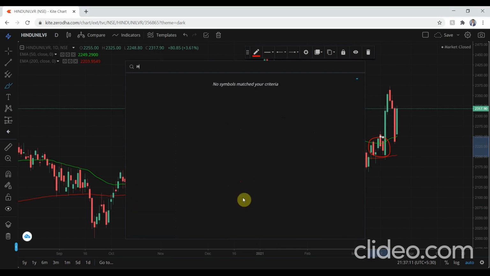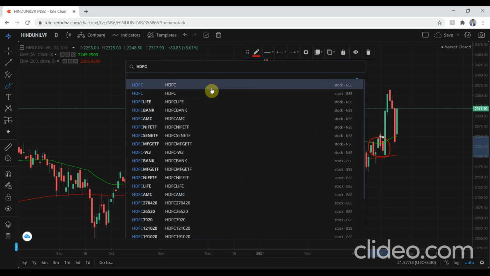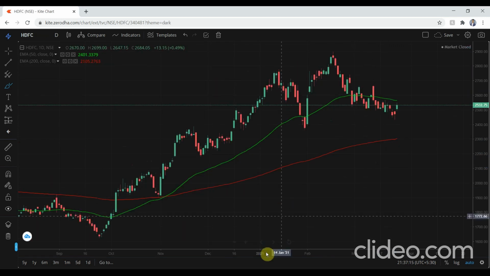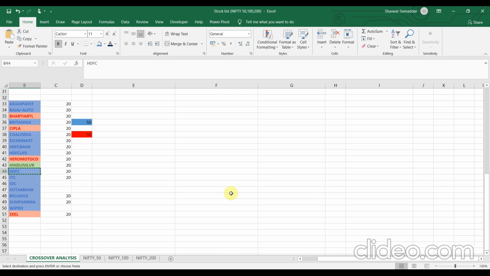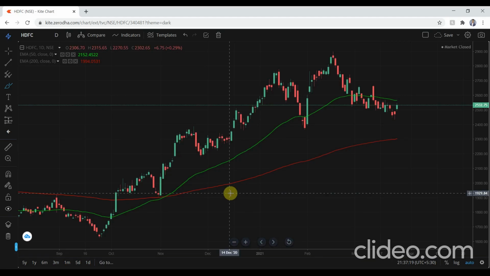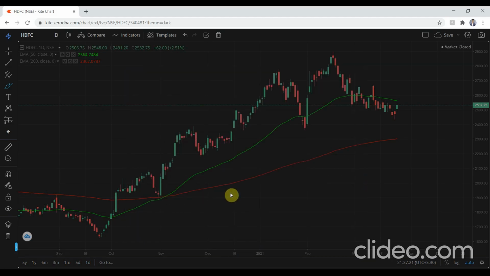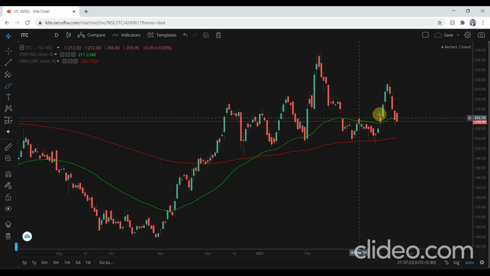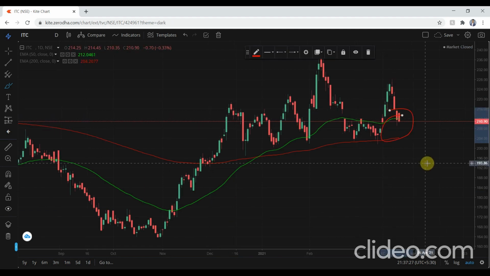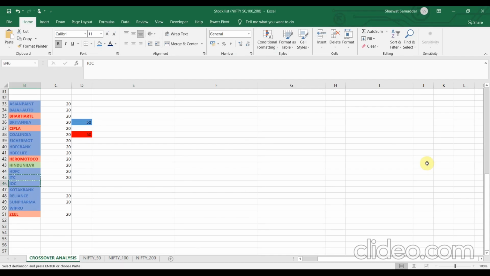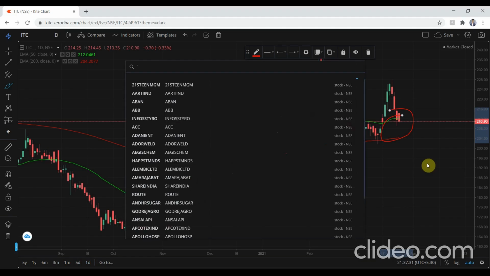Okay, let me type it down. HDFC. Yeah. Above the 200 again. Next is ITC. It's closer, but it's not showing a clear-cut sign. So I'll discard it. Next is Indian Oil.